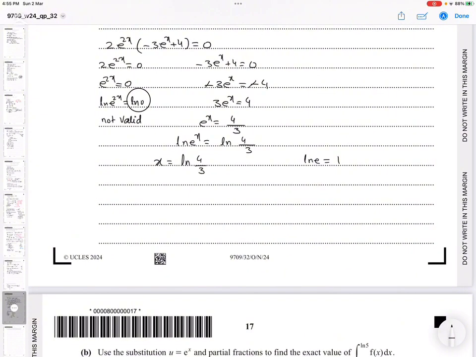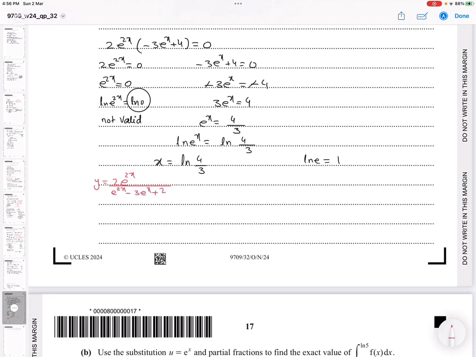So I have to find the y coordinate. So I can write y equals 2e^(2x) over e^(2x) minus 3e^x plus 2.